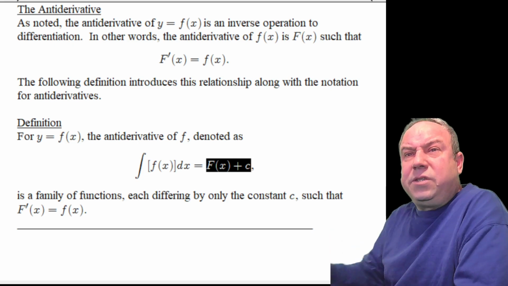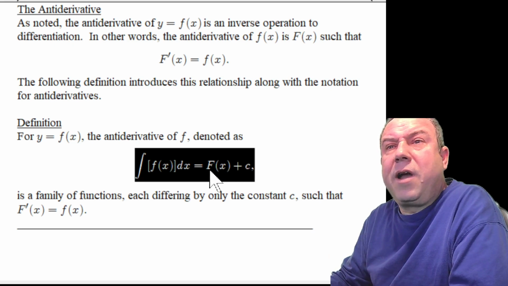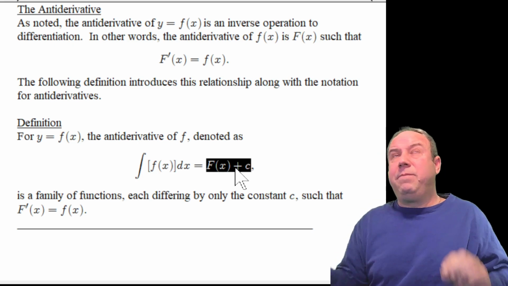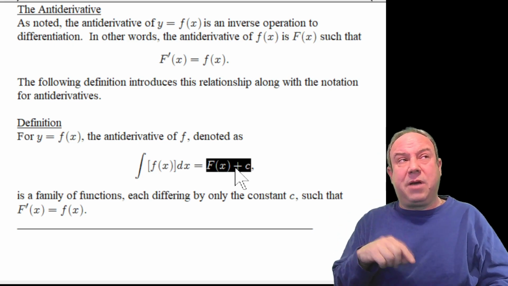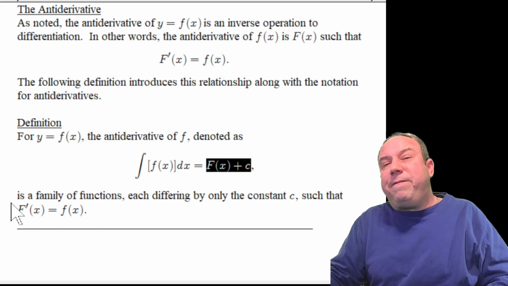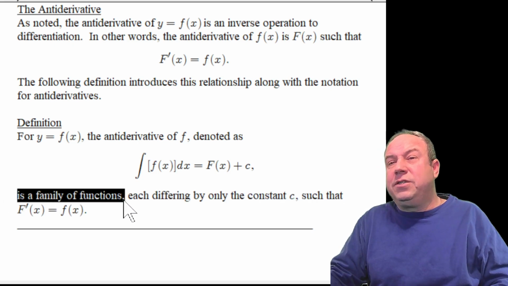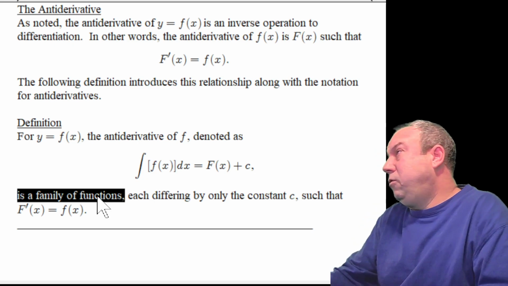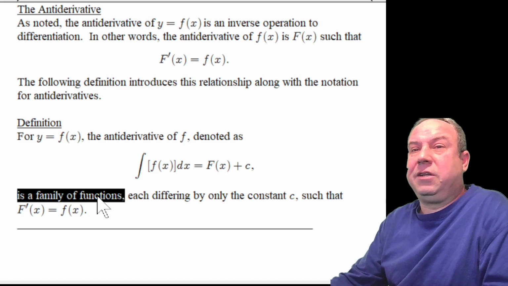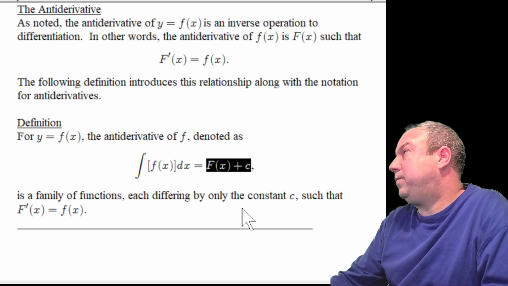This result, cap F of x plus C, which we saw also discussed in our previous lesson with mean value theorem, is a family of functions representing a family of solutions for the antiderivative of our function little f, all of which differ by simply a constant value.